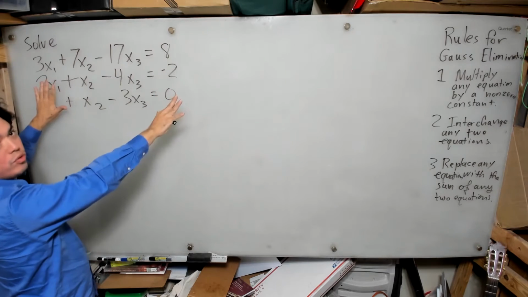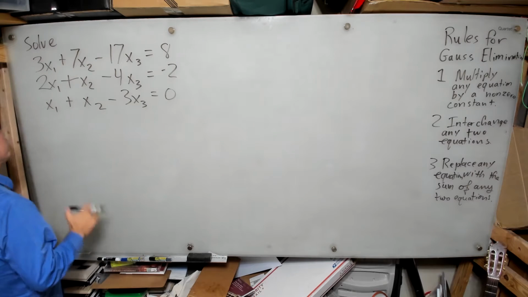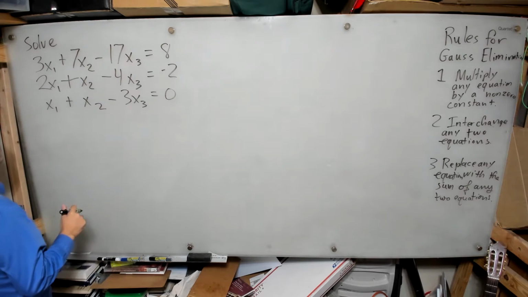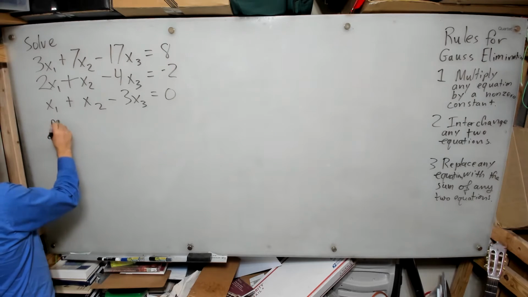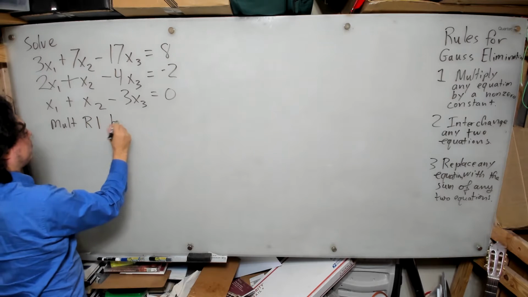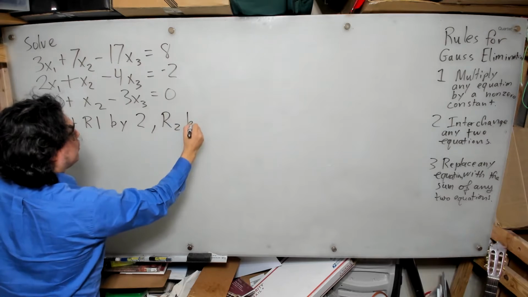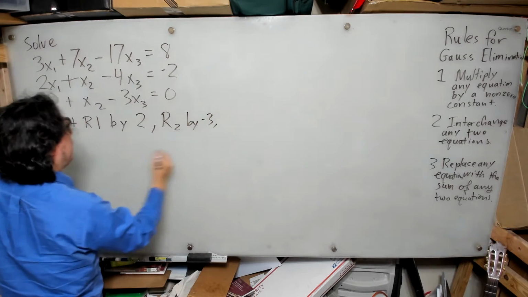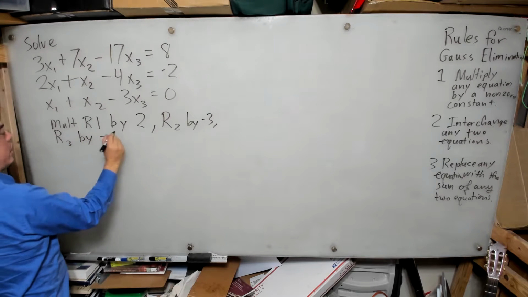So now, stick with me here. What I'm going to do is multiply row 1 by 2, row 2 by negative 3, and row 3 by negative 6.